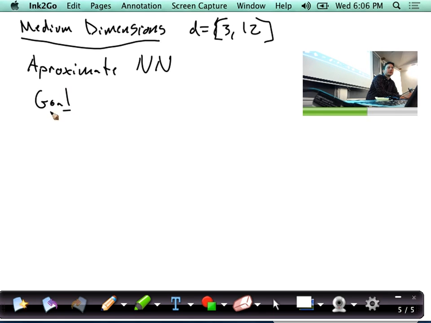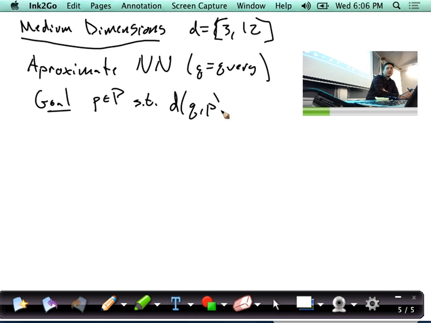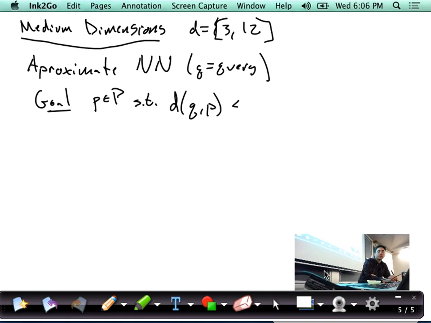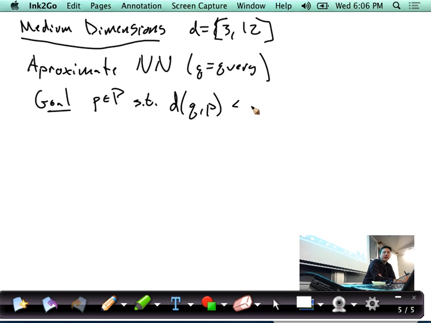Okay, so the goal now is to return some p in P, given a query point, such that the distance from our query to p is less than the distance from the query point to the optimal point.